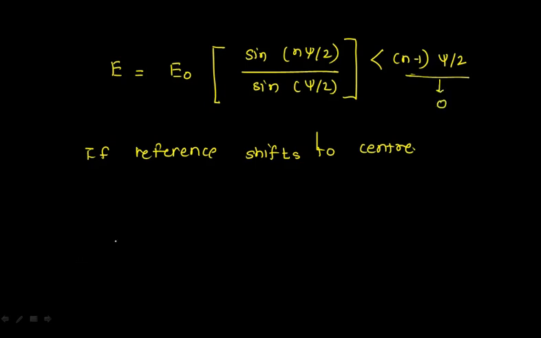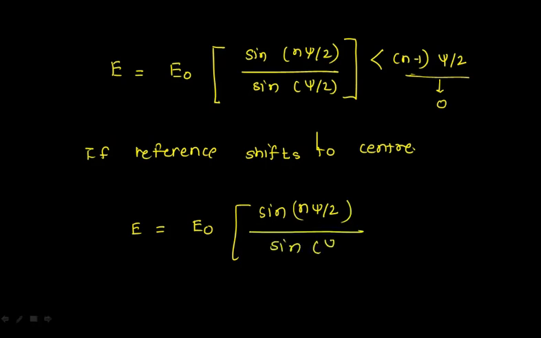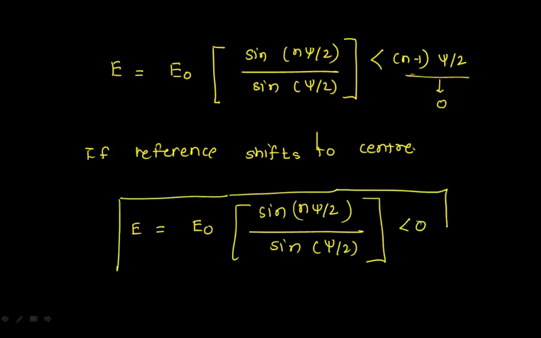So here I can say E is equal to E0 sine of n psi by 2 divided by sine of psi by 2 with angle 0, where I am shifting my reference to the center. So this is nothing but the expression for the total electric field of an n element array of equal amplitude and equal spacing.